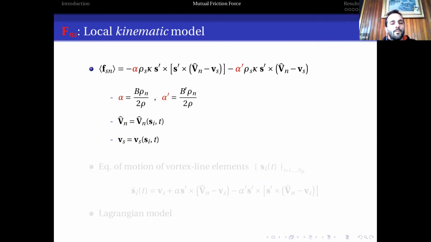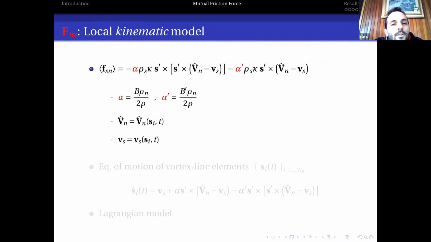With this assumption, Klaus Schwarz derived this expression for the mutual friction force, where alpha and alpha prime, the friction coefficients, are, as said already, a redefinition of the mutual friction coefficients determined by Hall and Vinen.